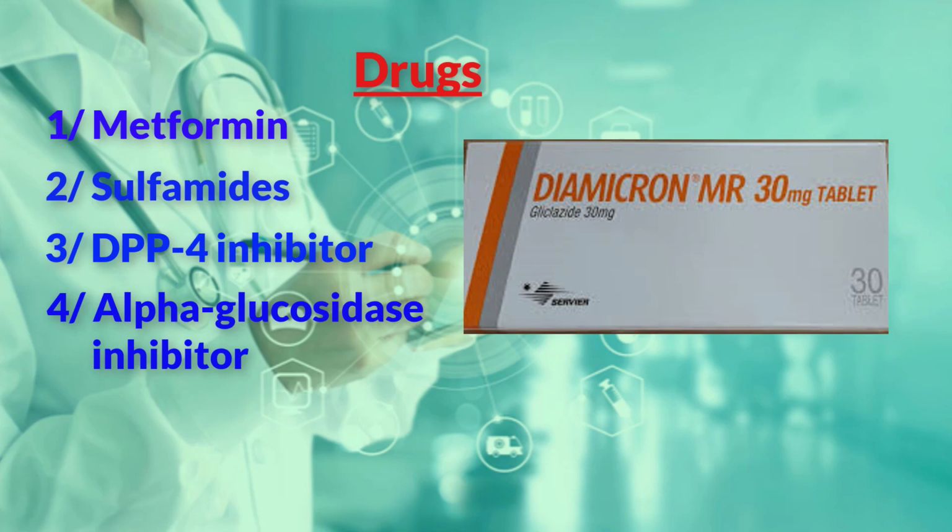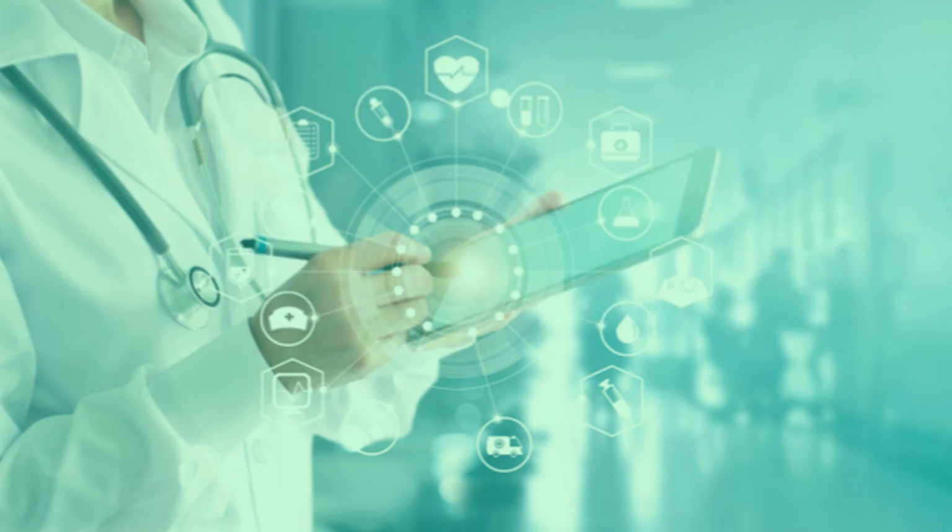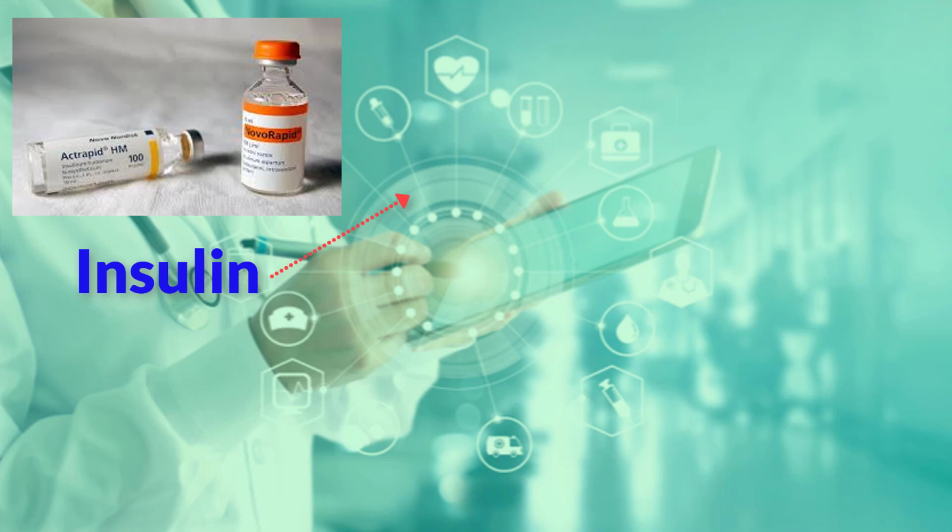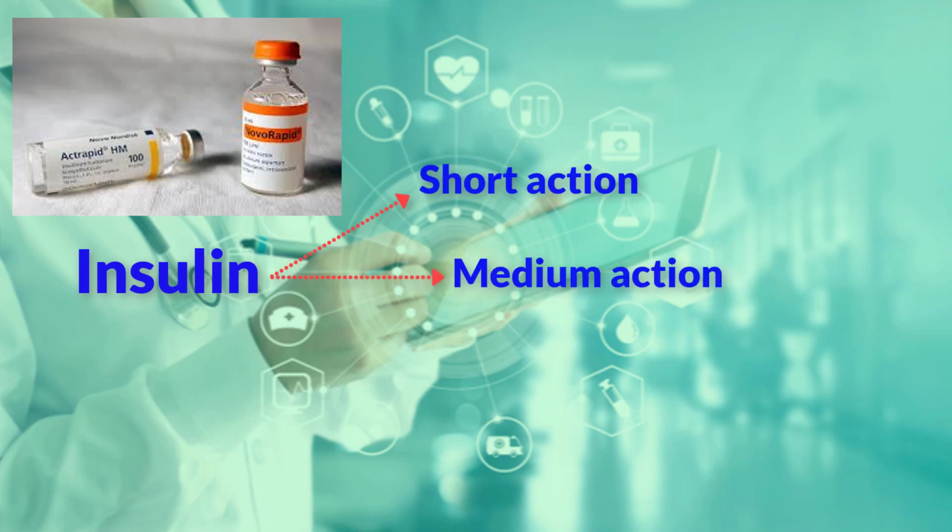Generally, treatment by drug is not suitable for patients who have had diabetes mellitus for a long time, so we use injection instead. For treatment by injection, we select insulin, which has three actions: short, medium, and long action.